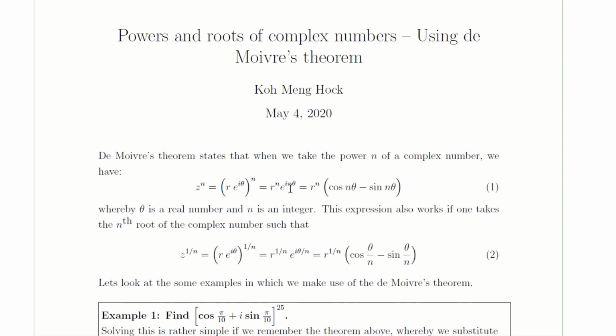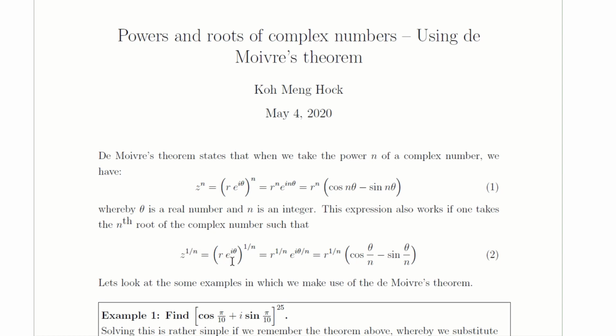If you remember, e^(iθ) is equal to cos θ plus i sin θ. So when you take the complex number to the power of n, De Moivre's theorem states that you can simply multiply the angle by n. On the other hand, if you take the nth root of the complex number, instead of z to the power of n, you're now taking z to the power of 1 over n.